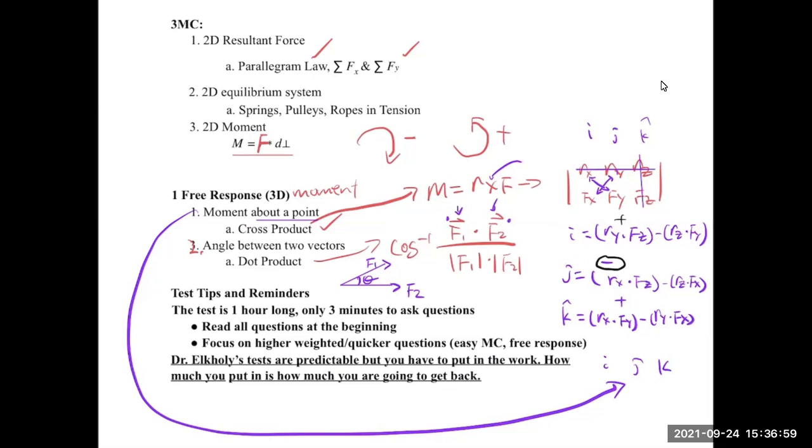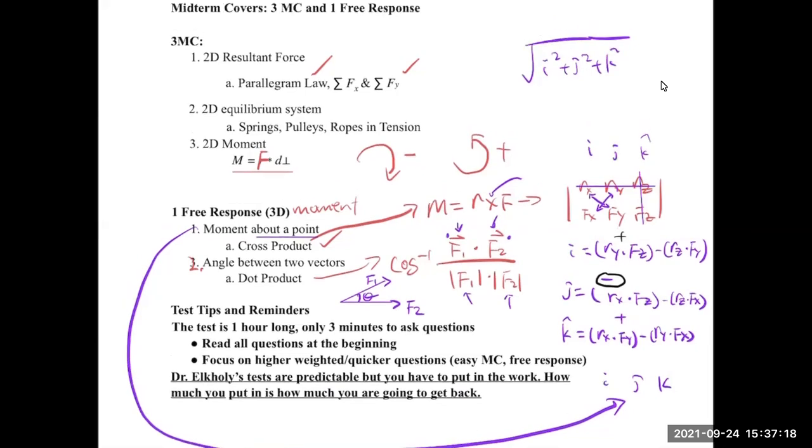And then the F1 and F2 magnitudes have to be in magnitude form. You guys know how to do the magnitude form, right? Simply i squared plus j squared plus k squared, so that you can turn a Cartesian vector into magnitude form.